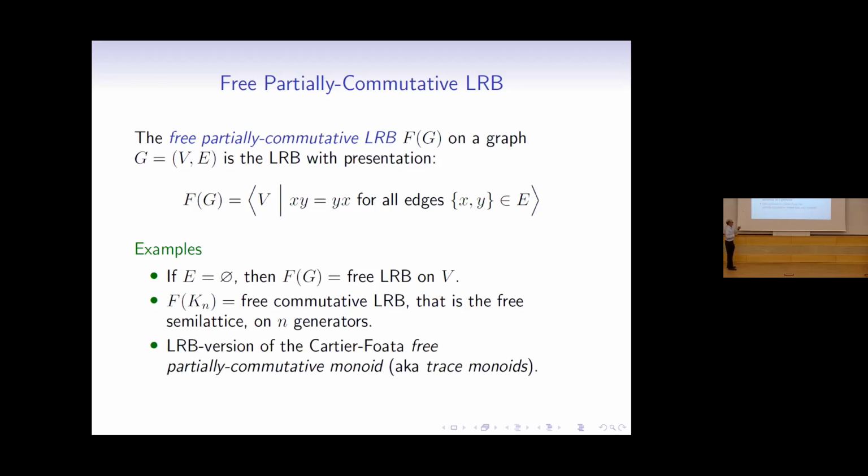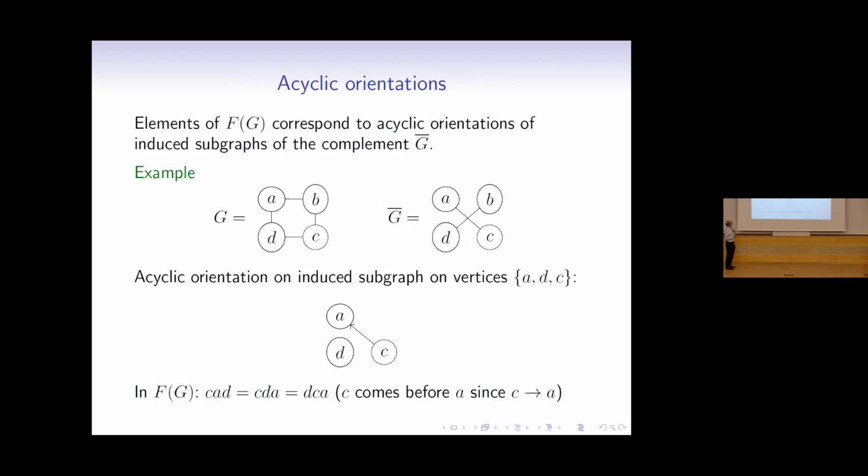These come up in semigroup theory and monoid theory when looking at communicating processes. In group theory, they're right-angled Artin groups. And now I'm going to give you a solution to the word problem, which is kind of nice. So here's an example. G is this graph.